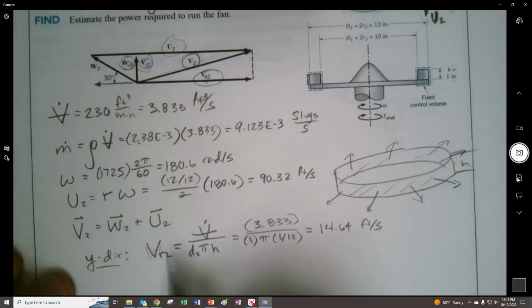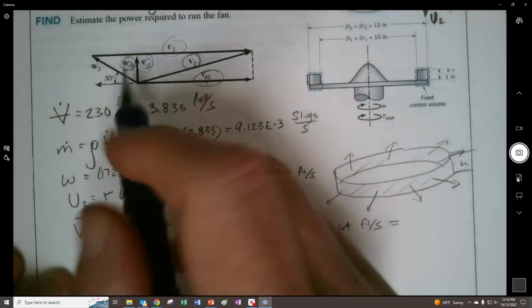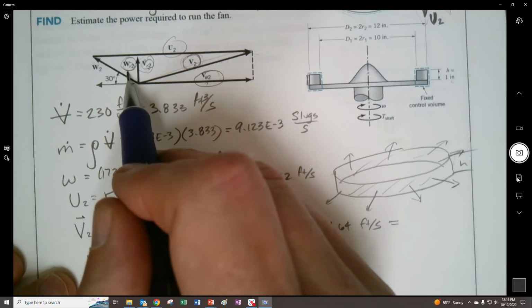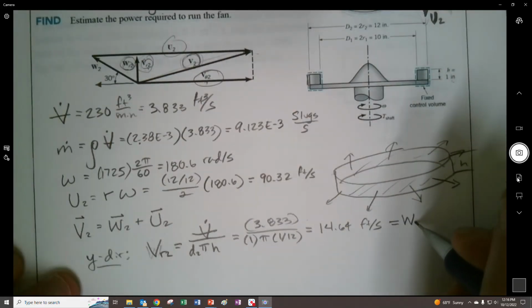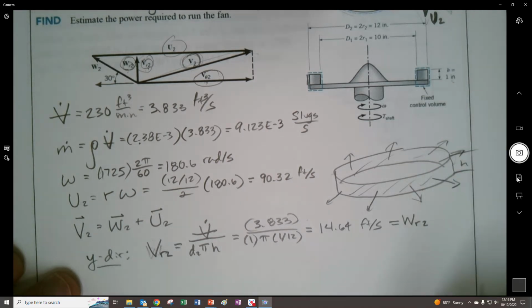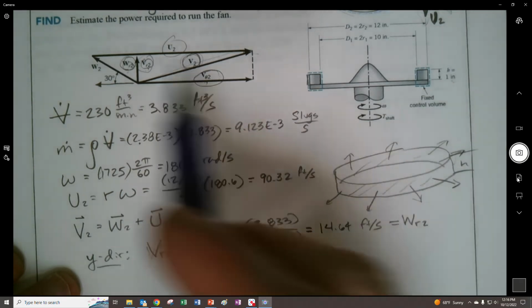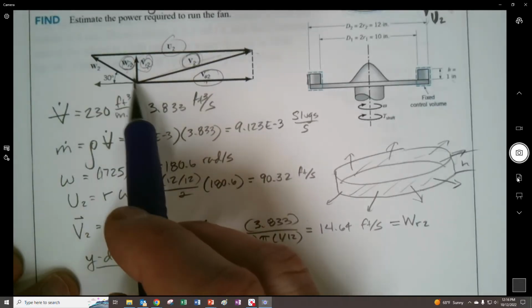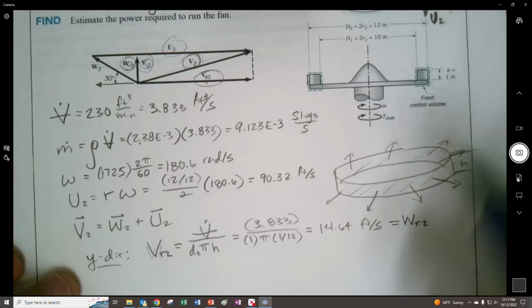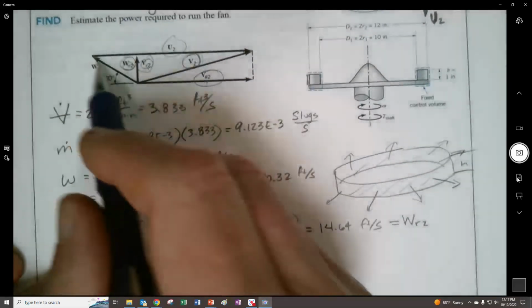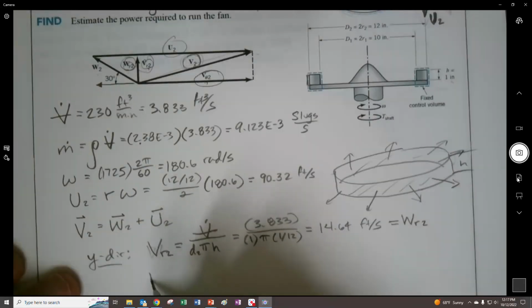Now that is also going to be equal to, right? That's also in this triangle. It's going to be WR2, right? Because this thing is exiting out at that angle, so they're going to be equal to each other, that W and that there. So from that, we could figure out what W2 is going to be.